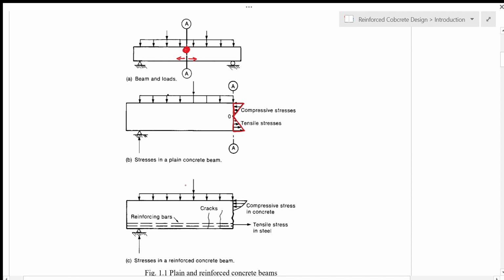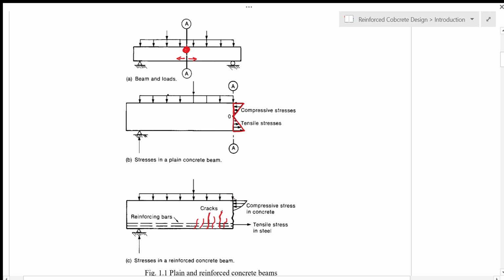When the beam is loaded further until the materials become non-linear, you see that the concrete beam will crack at the zone where you have tensile stress. The cracks may increase as the load gets higher and higher until the beam fails.